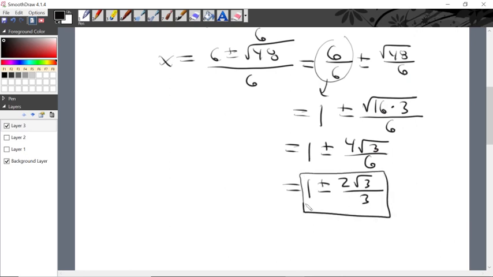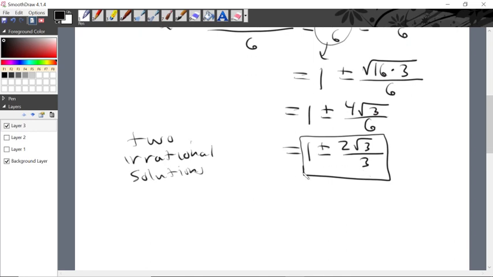Okay, we have 2 solutions here. We have 2 irrational solutions. They are real numbers.